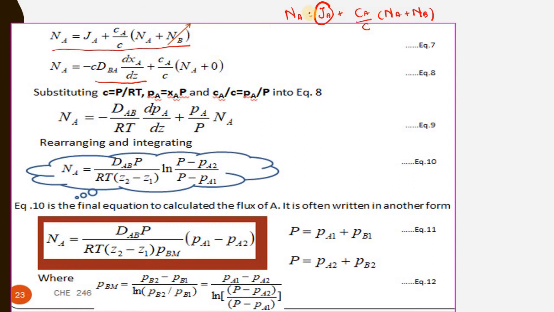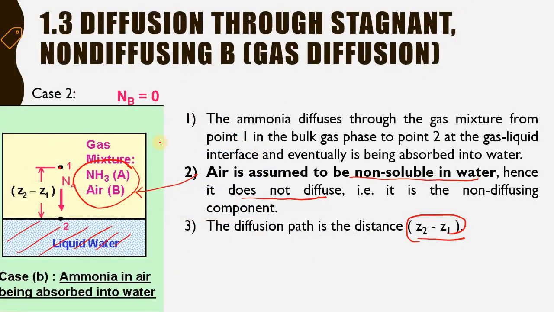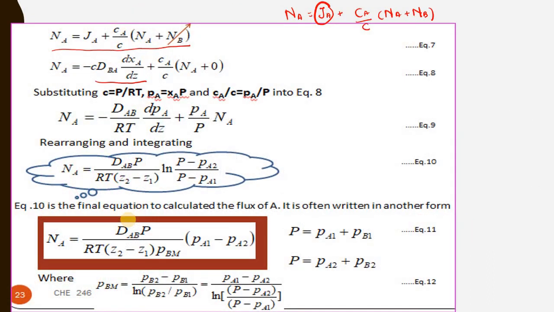So when we have diffusion through stagnant or non-diffusing B, for example here, the ammonia dissolves into the water and passes through the air, so air is not diffusing. It means only component A, which is ammonia, is moving or diffusing. So here we can say that the flux of B is 0, because component B, which is the air, in the previous example, is not moving.